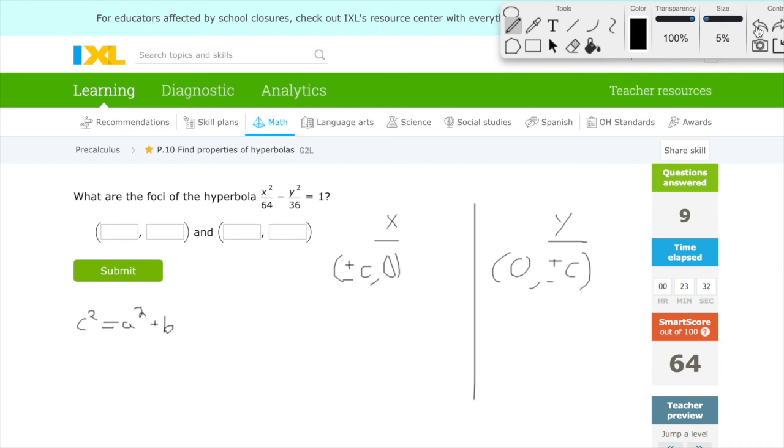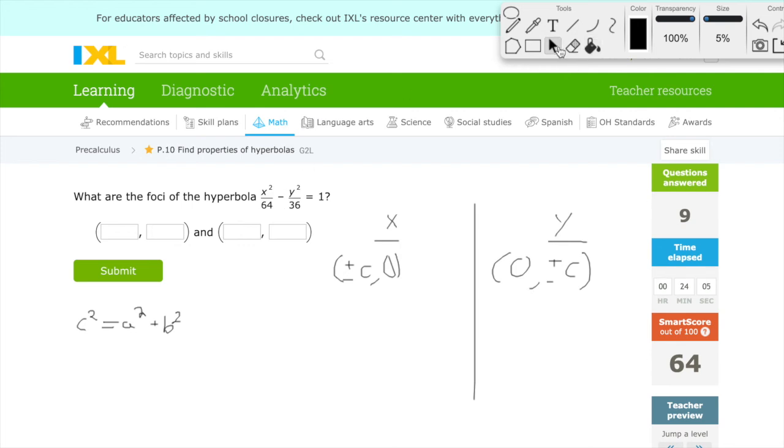So I need to think about my a and b values here. My a value would be the square root of this, which is 8. However, in my formula, I'm just going to square it again, so it would just become 64 again. 36, that would be 6. But again, in my formula, I'm just going to square it again, so I might as well just use the 36.